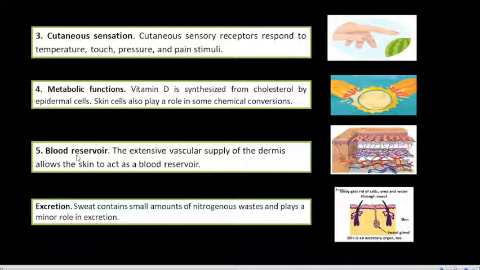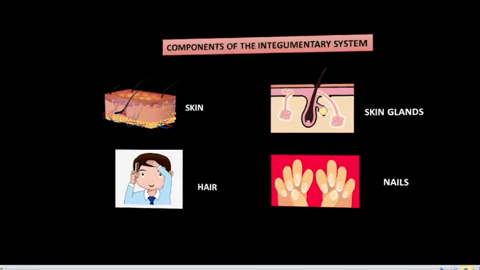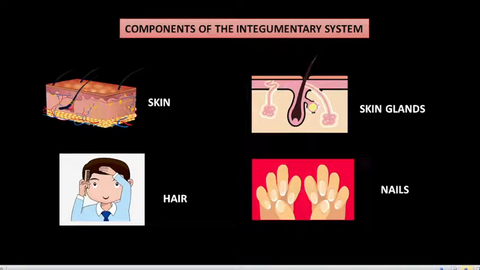So, since sweat contains a little bit of waste, ang ginamit dito na term is excretion. So, your integumentary system excretes nitrogenous waste in the form of sweat. Okay? So, those are the 6 functions pala of our integumentary system.